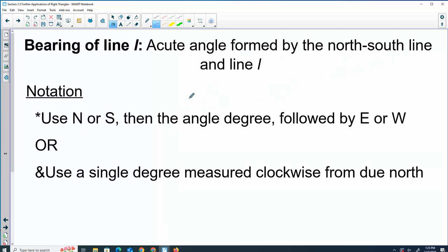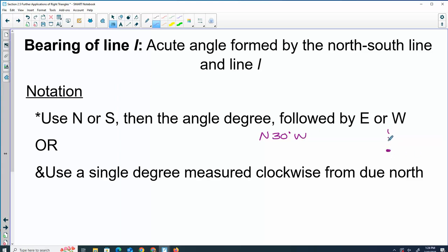Notation, it can be two different ways. You could have N or S. What do you think N and S represent? North and south. Then a degree measure, then east and west. So if I said north 30 degrees west, it means I'm starting here.